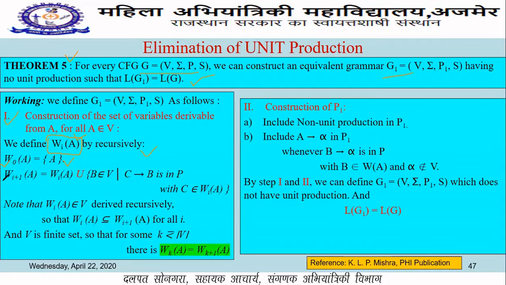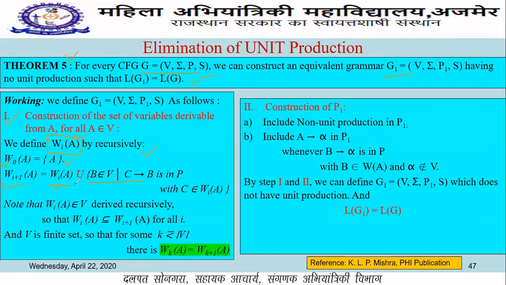So next, if we construct Wi plus 1, then we use the previously calculated derivable set of variables. So here we use Wi of A, which is the previously calculated set of derivable variables, and this is the successor of it. Here we find those variables which are derived from this previously calculated set.